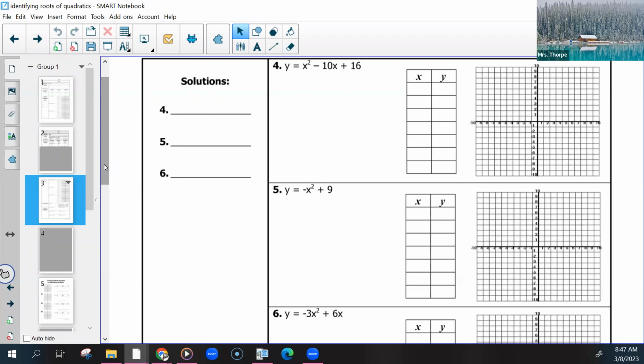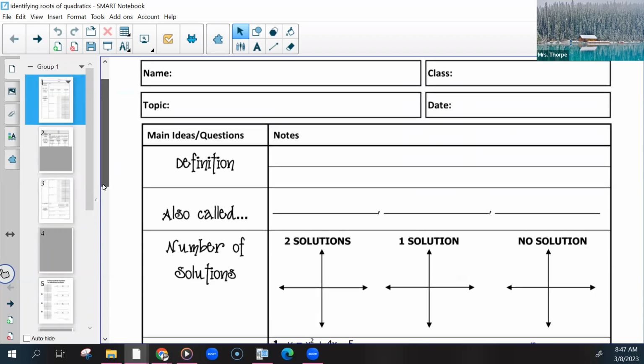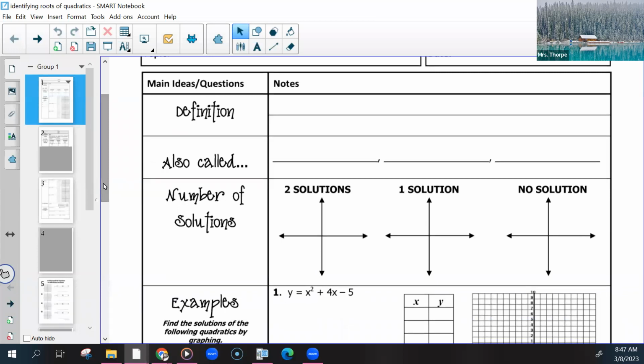They're not in the graphing notes, but in the solution notes, the ones that look like this. Of 4, 5, and 6, are there any we want to go over?